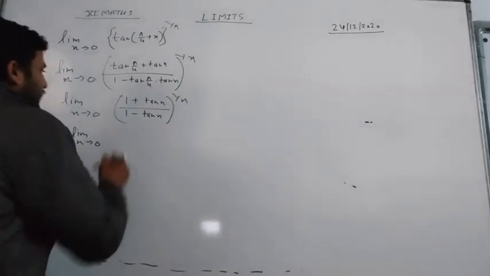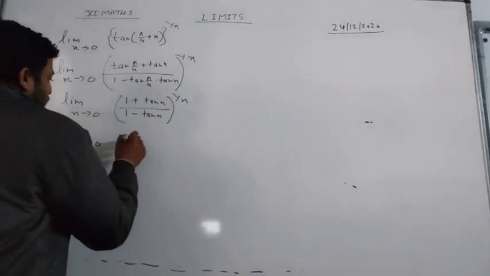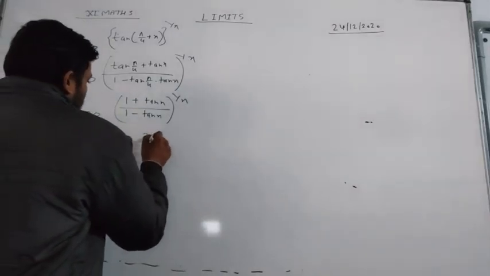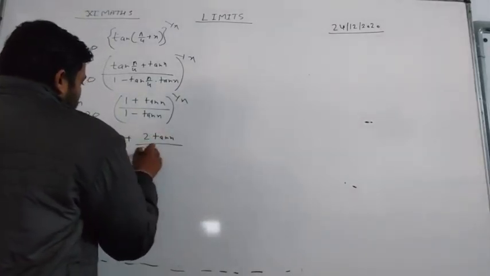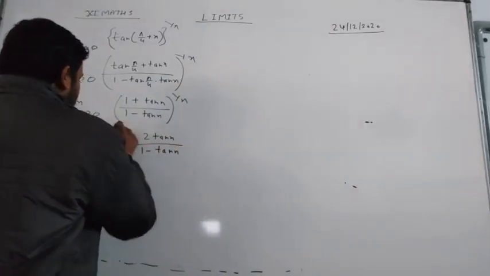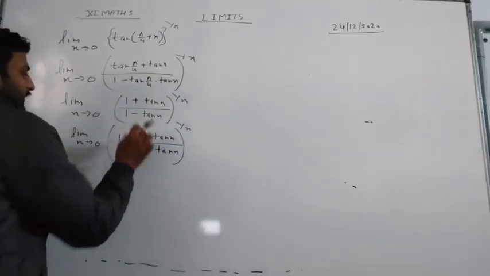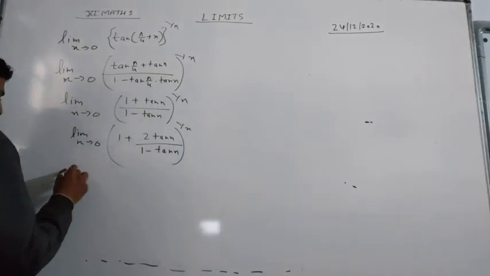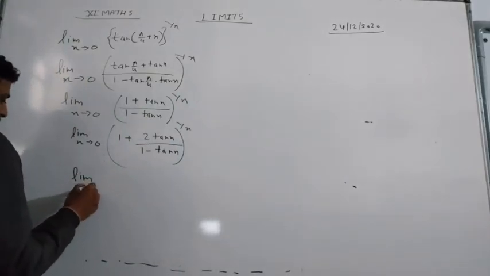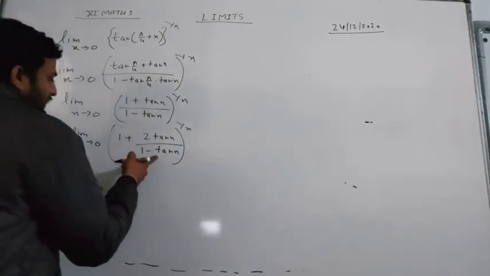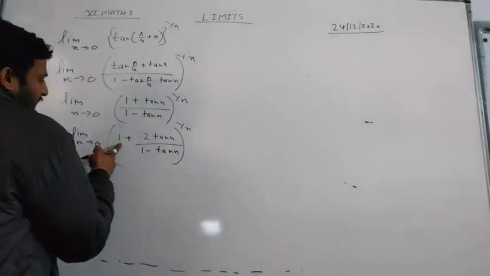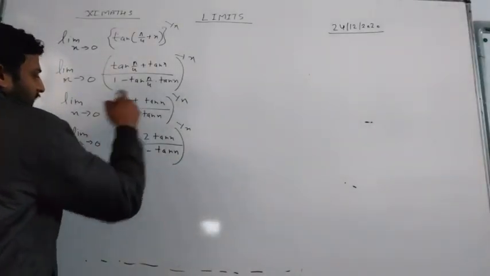We write, student, this is (1 plus 2 tan x by 1 minus tan x) to the power 1 by x. This part we can write in this form, because when we take the LCM, 1 minus tan x plus 2 tan x, we get this part.